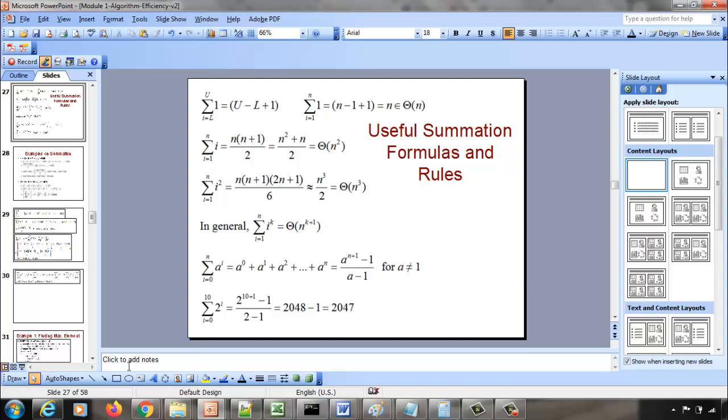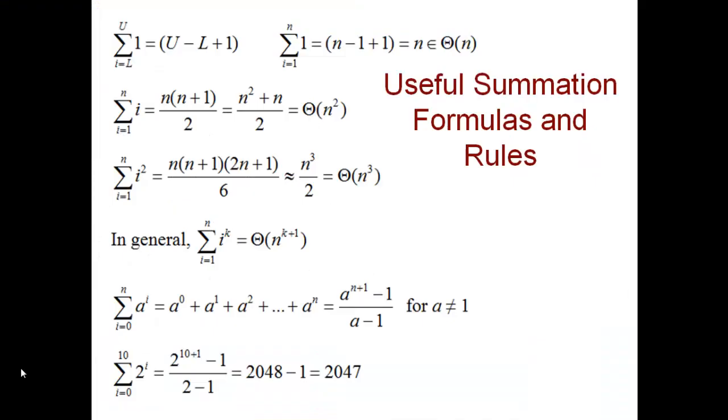Okay, so let us now look at this format, so that the other ones we look at are also in this format. So the lower limit is 1 and the upper limit is n. So sigma I equals 1 to n of 1.